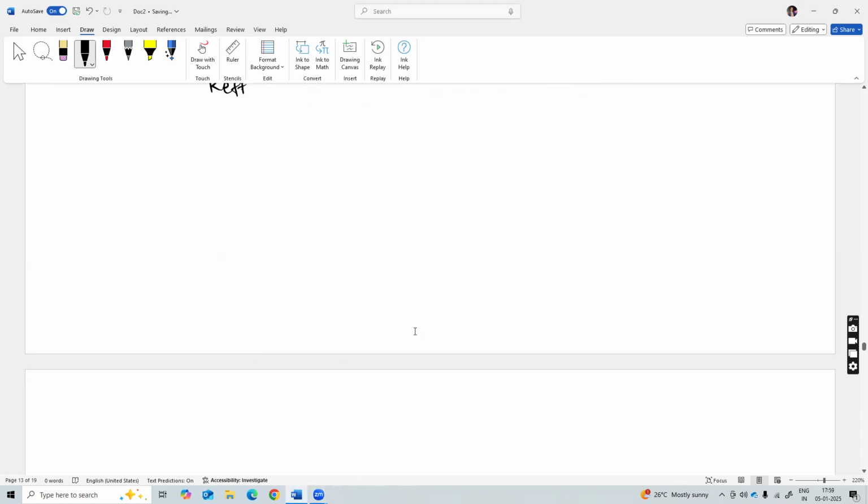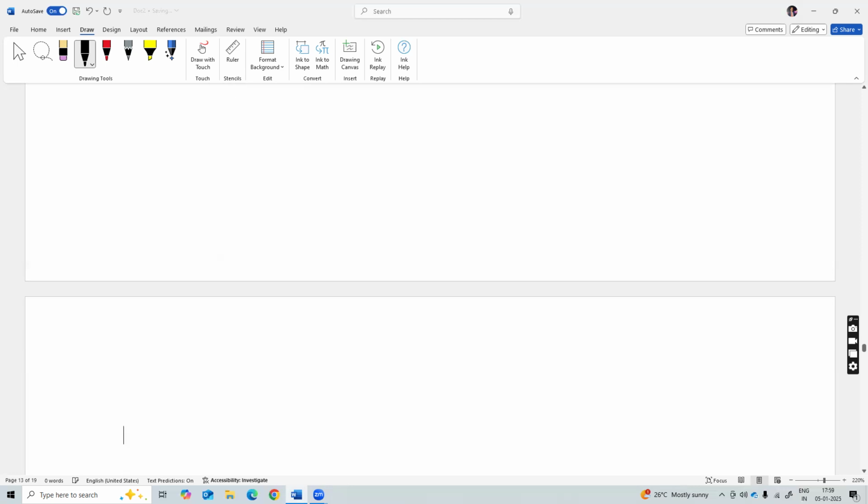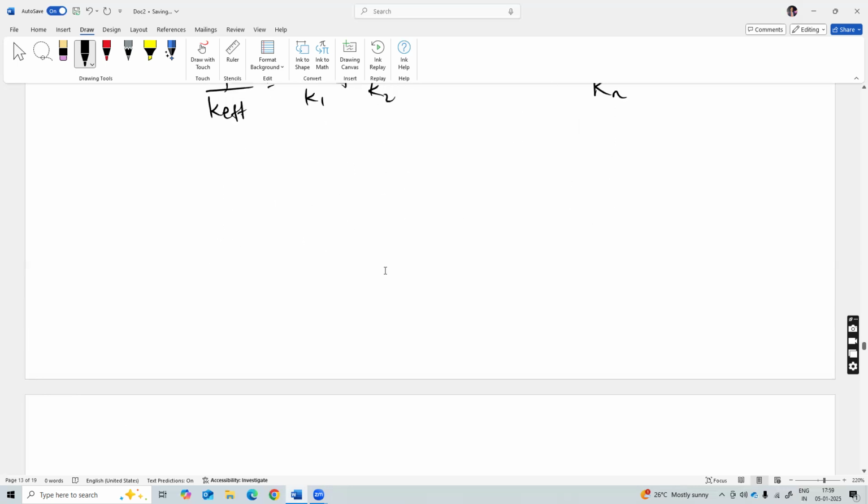So this was about springs in series. Now, if we have springs connected in parallel, let's say this is a wall, and there are two springs.